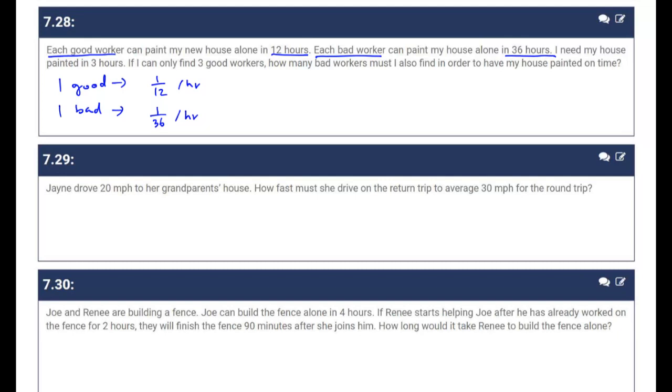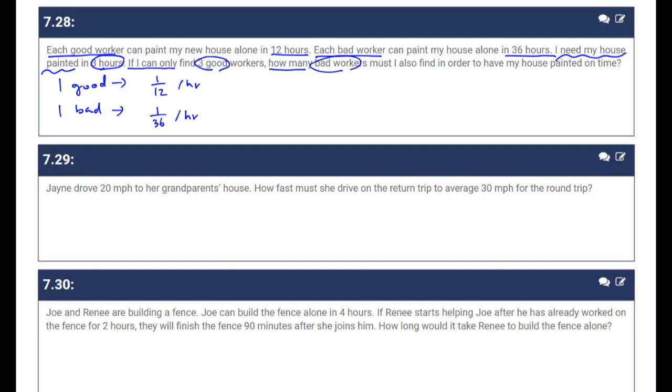Now, I need my house painted in 3 hours, the whole house. If I can only find 3 good workers, so there are 3 good workers, how many bad workers must I also find? So how many bad workers should we add to those 3 good workers in order to finish on time, right?